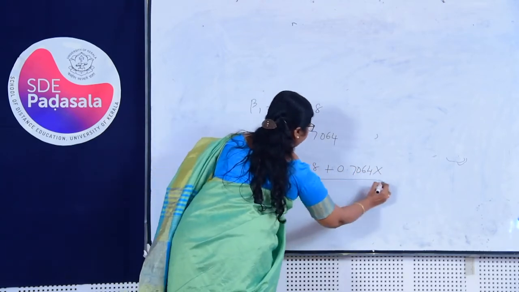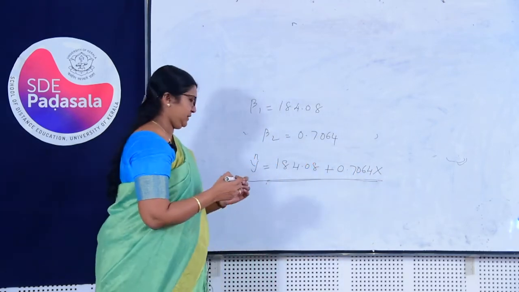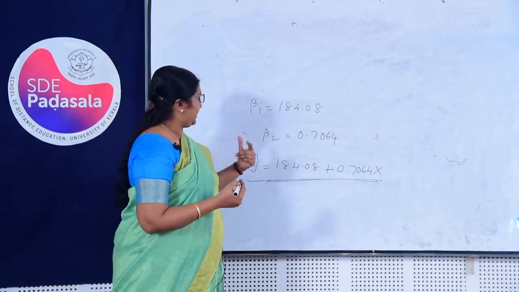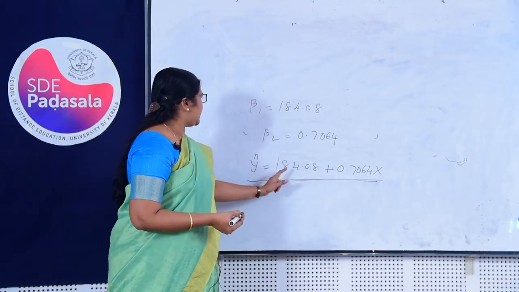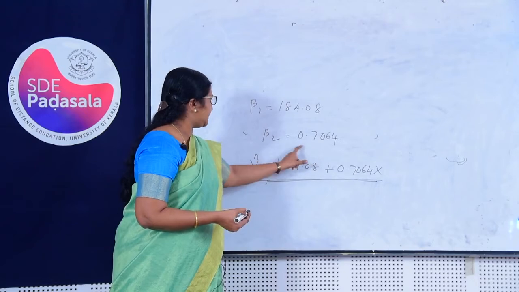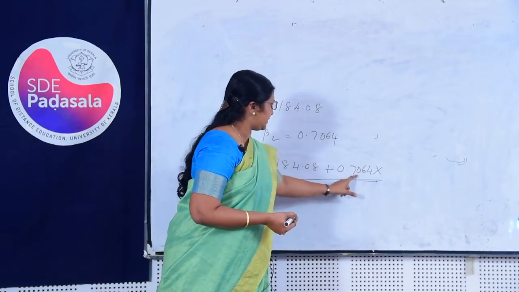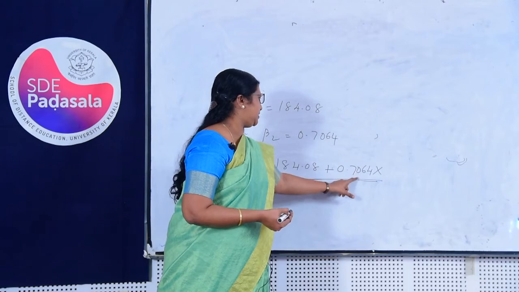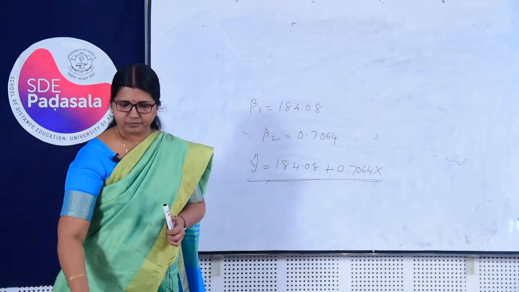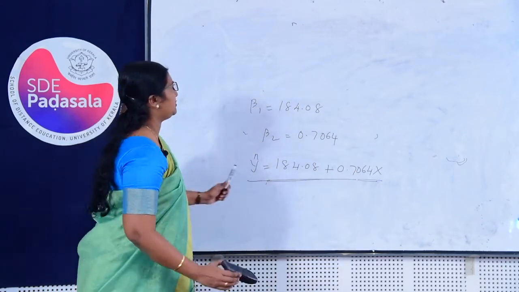This is the estimated consumption function, where y hat shows estimated consumption. This 184.08 is the intercept, and this is the slope term which represents the marginal propensity to consume. So, this is the estimated regression model.